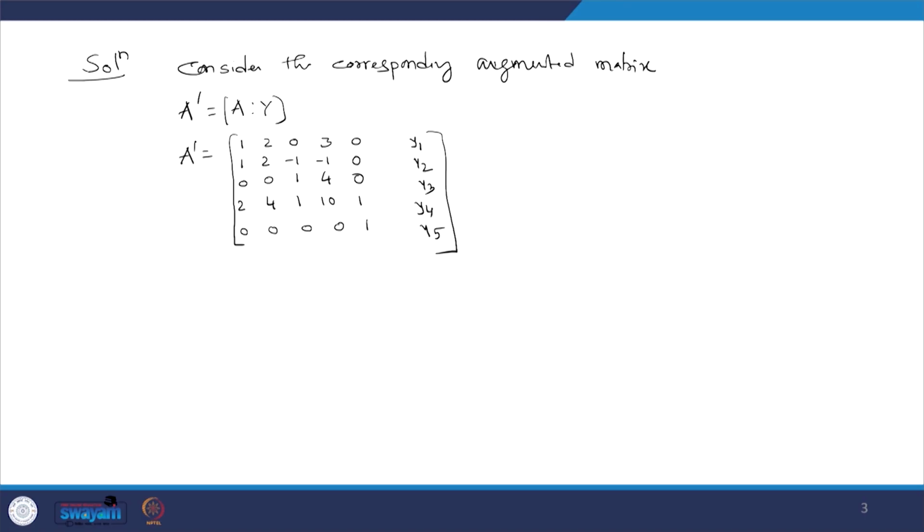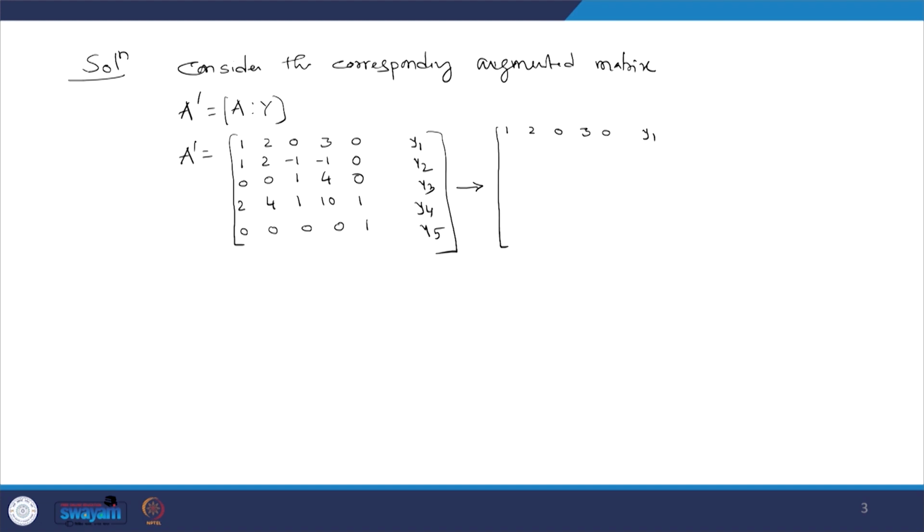Since we have to find an invertible matrix P such that P times A equals a row reduced echelon matrix, I have to do the elementary row operations and get that matrix also. So, let me do it. The first row I will keep as it is, 1, 2, 0, 3, 0, y1, because the first non-zero entry appears in the first column, which is equal to 1, that is the leading entry.